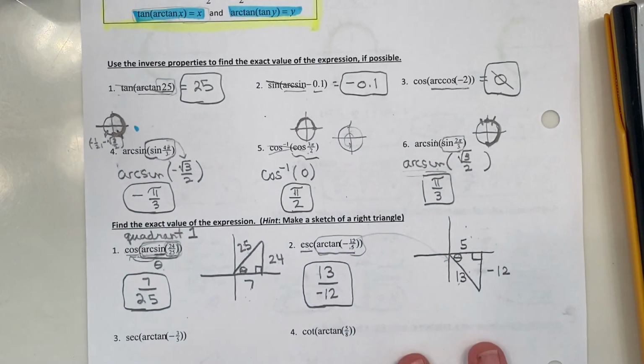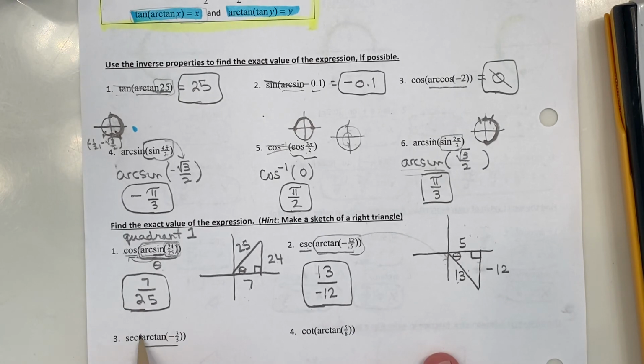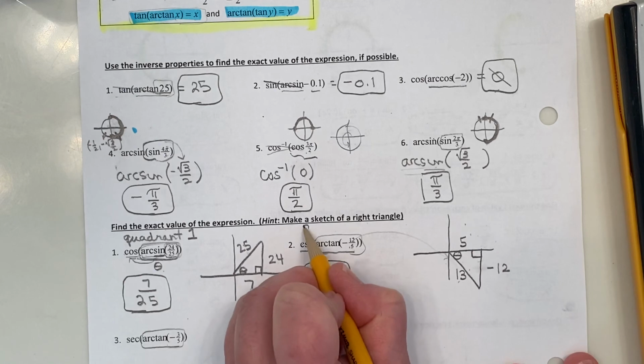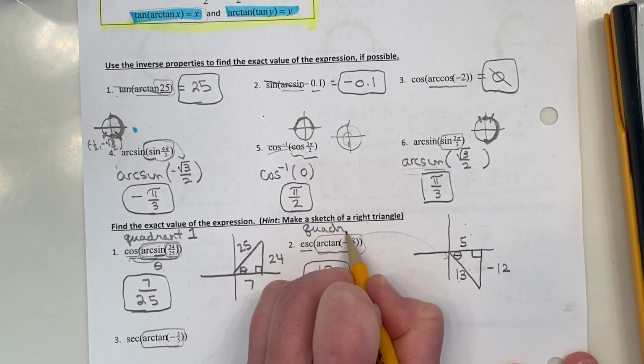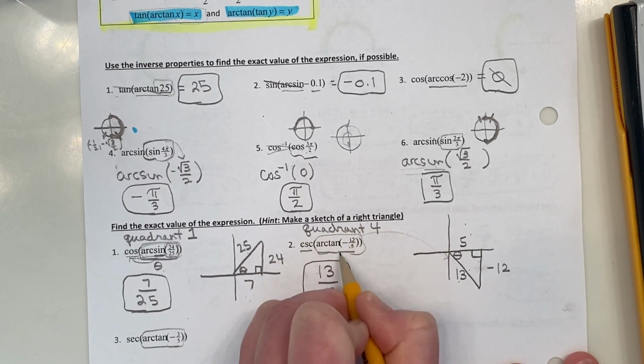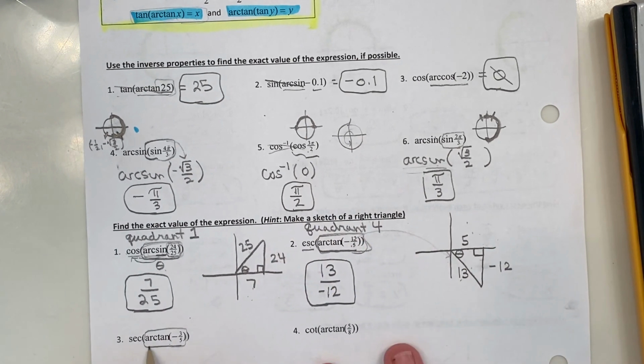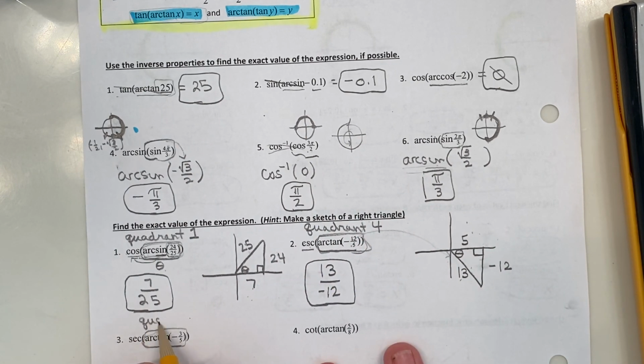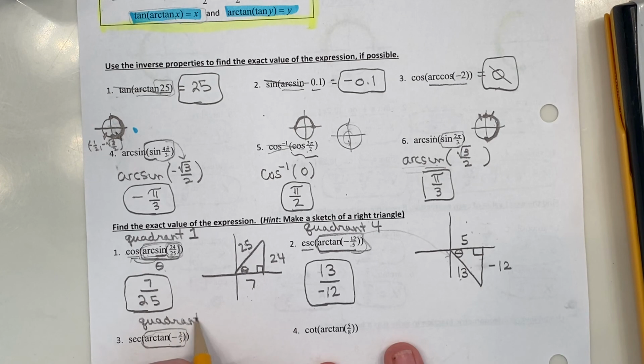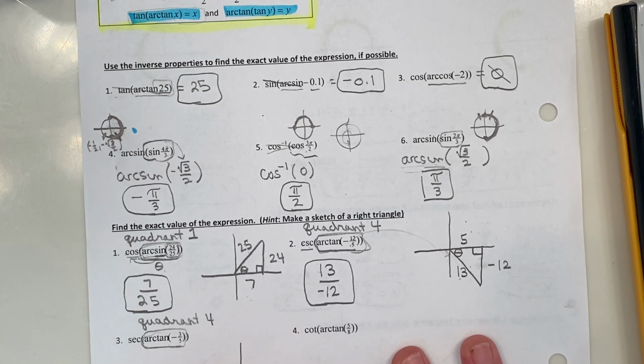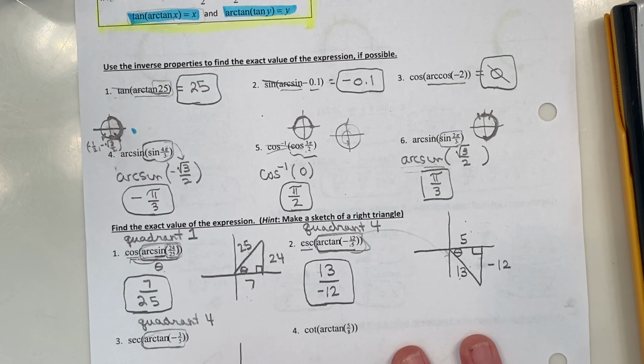Two more. Let's draw a right triangle for arc tangent of negative 3 over 5. Again, we're in quadrant 4, as with the previous one, because of this negative value. Right triangle, this is always theta.